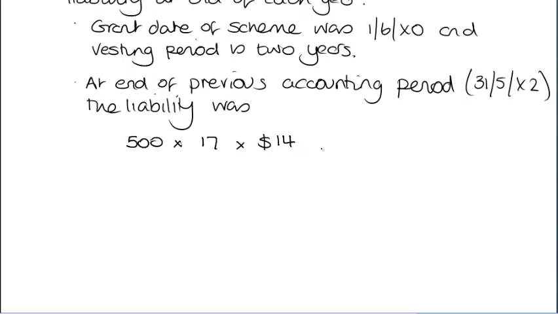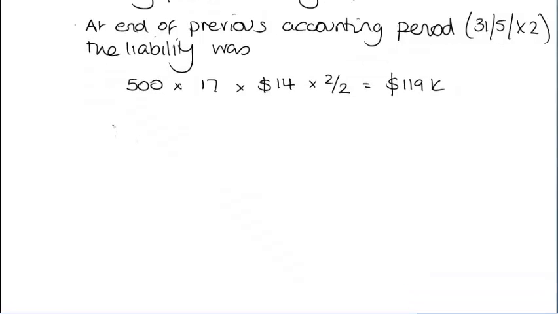The fair value at the 31st of May X2 is $14 each. And we're at the end of the vesting period, with 2 years through a 2-year vesting period. So it's 119,000.